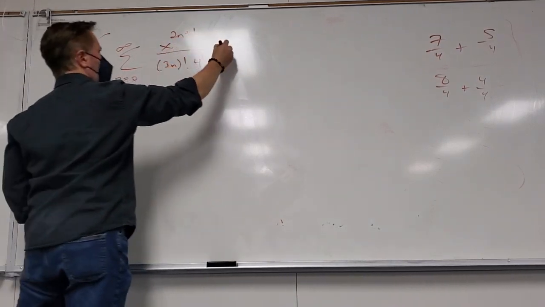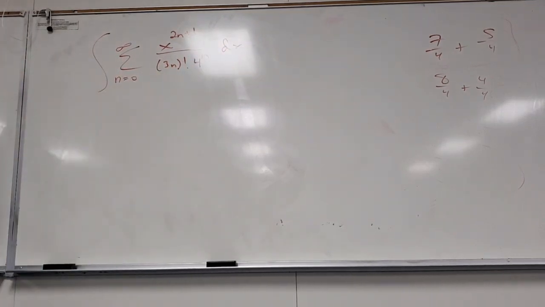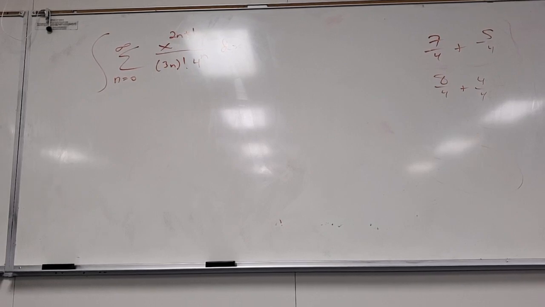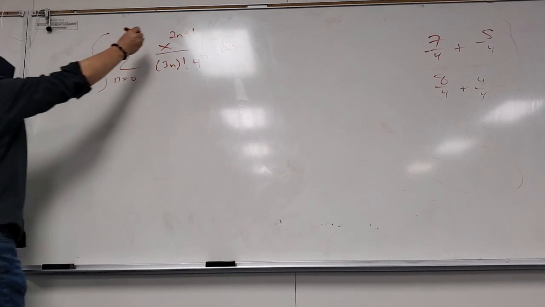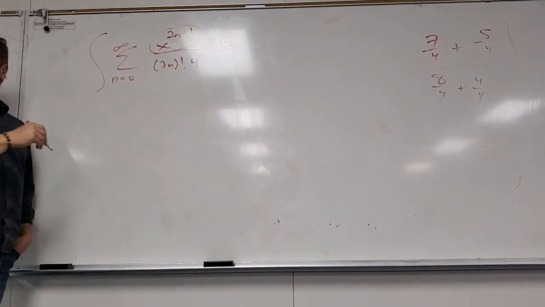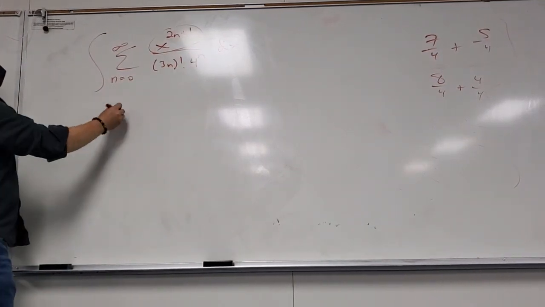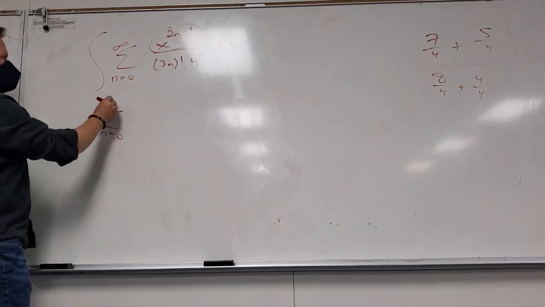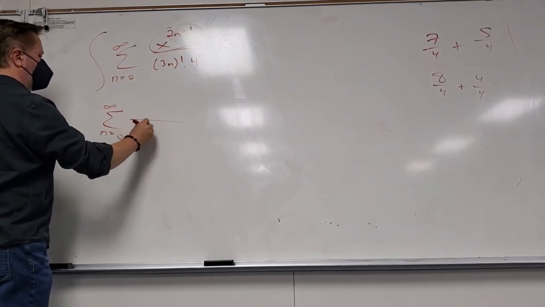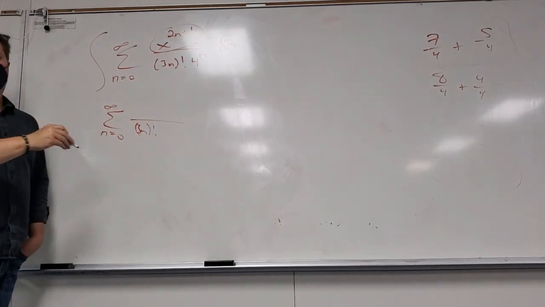Right? So the only part of that entire series that the integral cares about is which one? All the rest of it is a constant, so it only cares about this. So basically, everything else just comes for the ride, just like a number would, right?